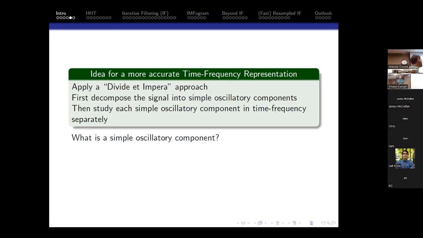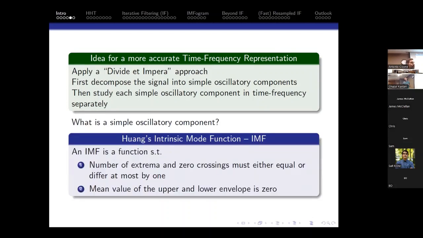What do we mean by that? What is a simple oscillatory component? Huang and collaborators propose an informal definition that they call intrinsic mode function, IMF. And the idea is to basically generalize what a sinusoidal curve is.